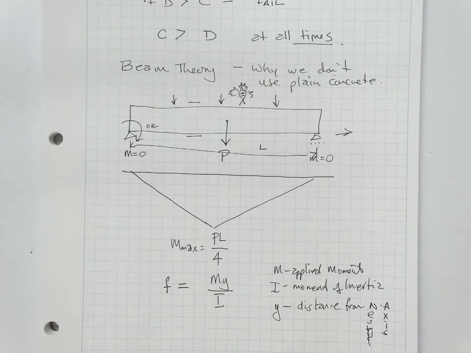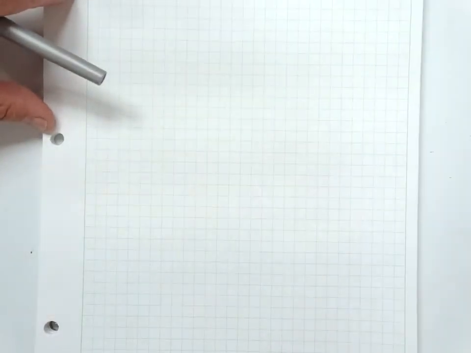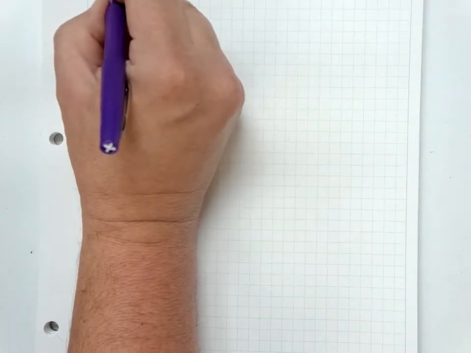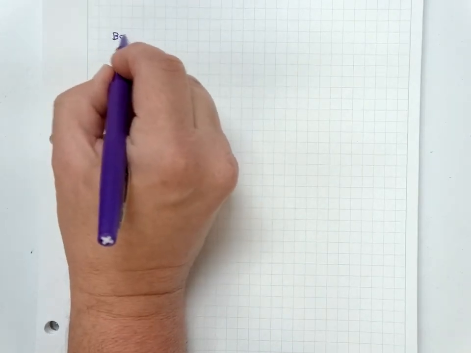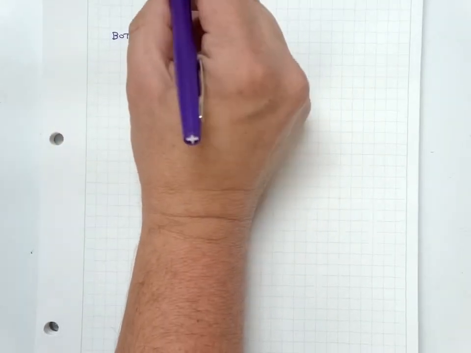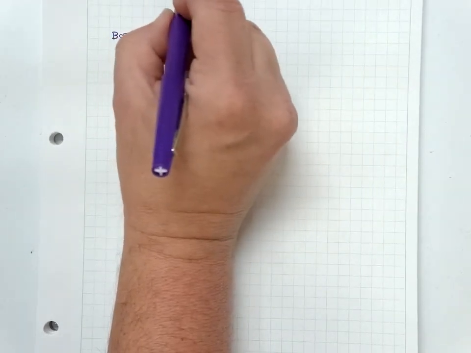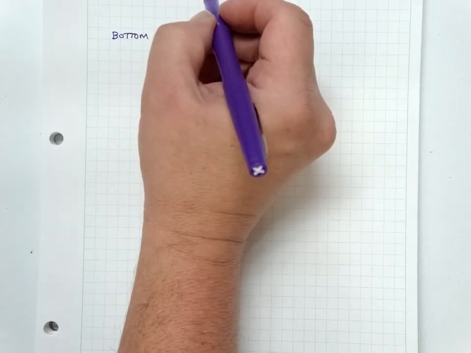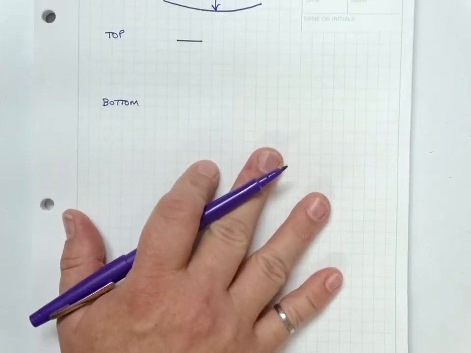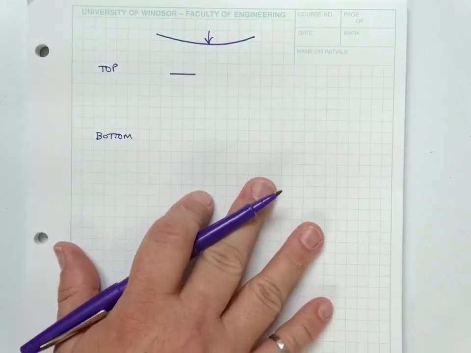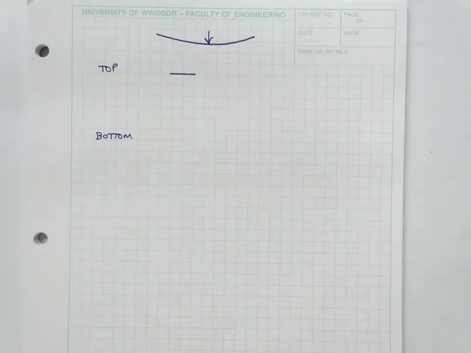So we're going to assume, we'll do a cross section of our beam, that we have this condition. The top and the bottom of the beam. When we bend it this way, due to the load of our beam, we have a stress at the top. What type of stress is it at the top when it bends like that? Right, so we're bending it.